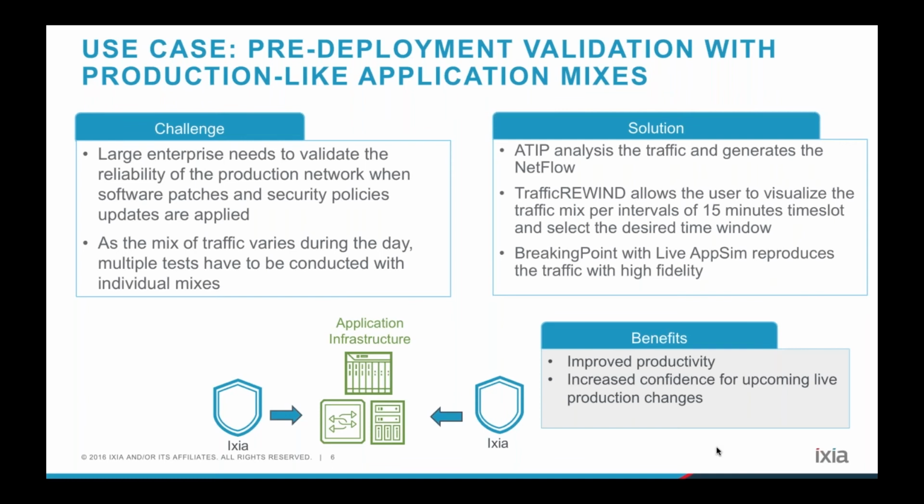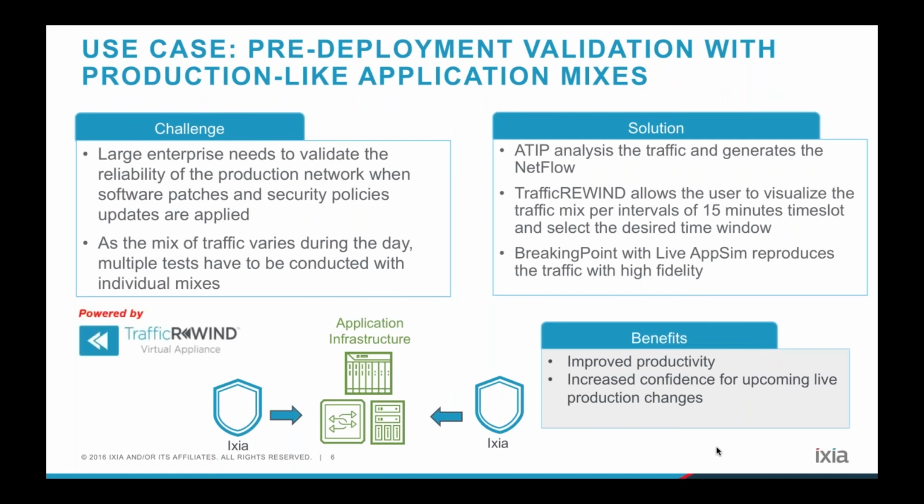It always takes a lot of time, but every work is sort of more guesswork. In these cases, testing with relevant production-like application traffic powered by the XCS TrafficREWIND solution is critical to get increased confidence for upcoming live production changes.